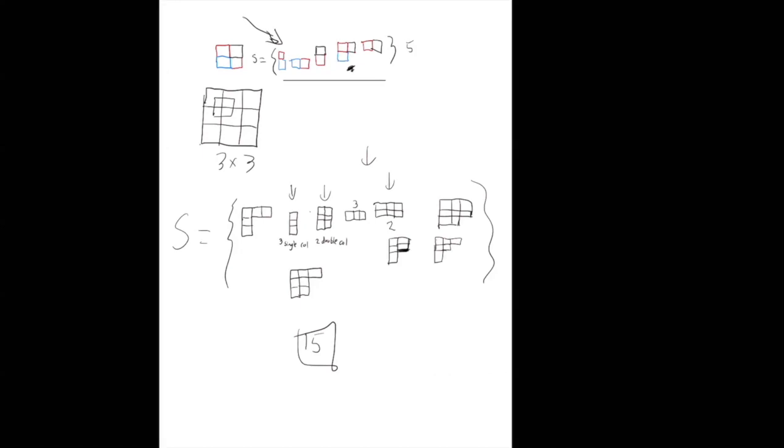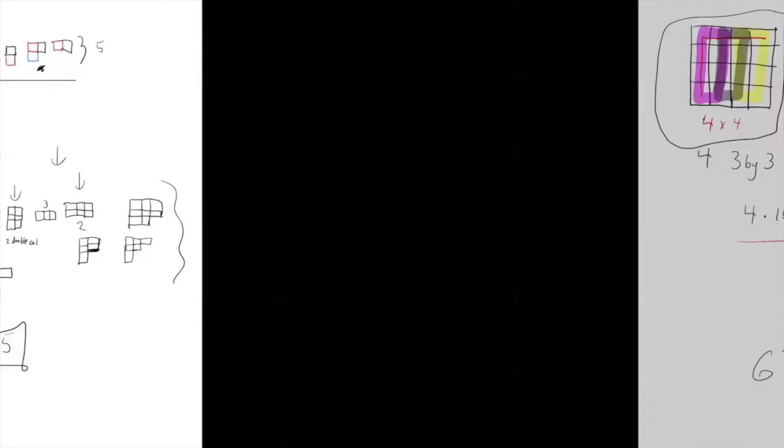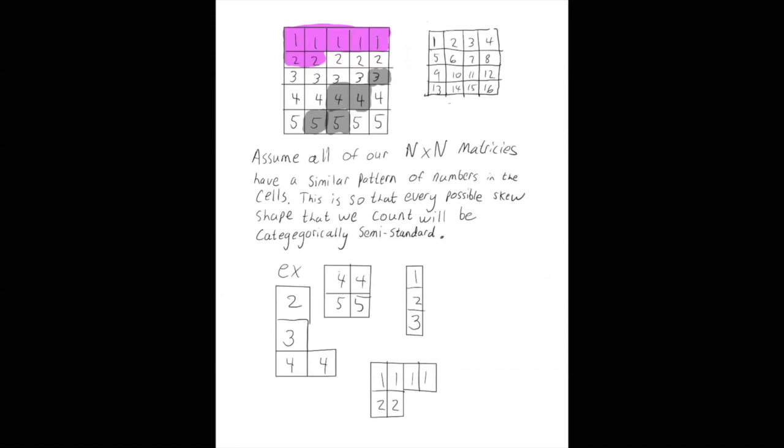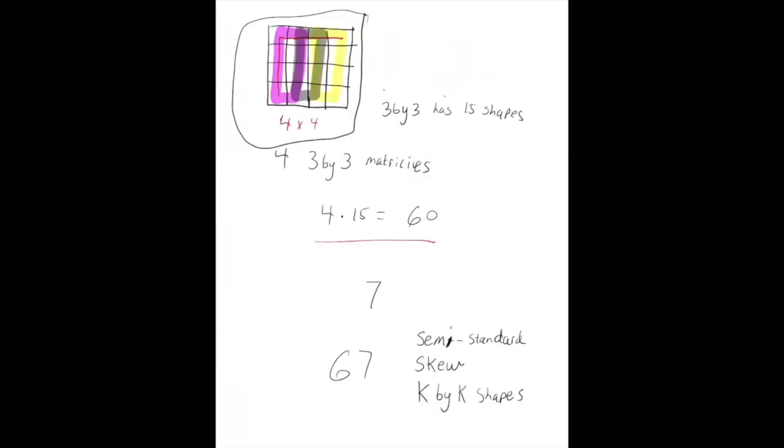So the shapes we are counting follow this definition of semi-standard: weakly increasing rows, strongly increasing columns, and there are no k by k shapes.